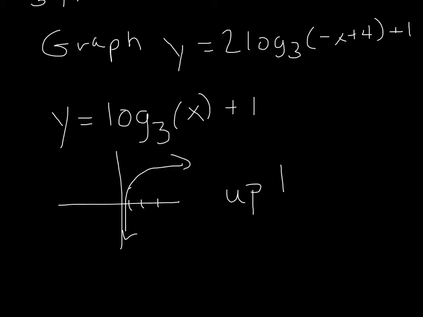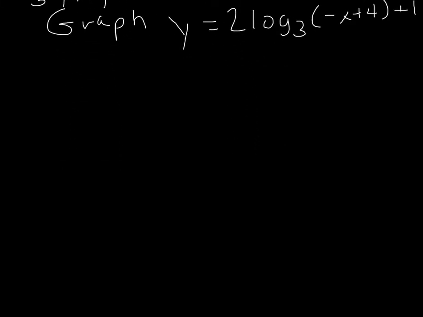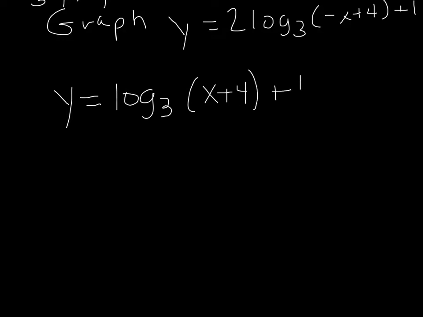Let's look at the next transformation. What we're going to do is move the graph left 4. So now we're going to graph y equals log base 3 of x plus 4, plus 1.